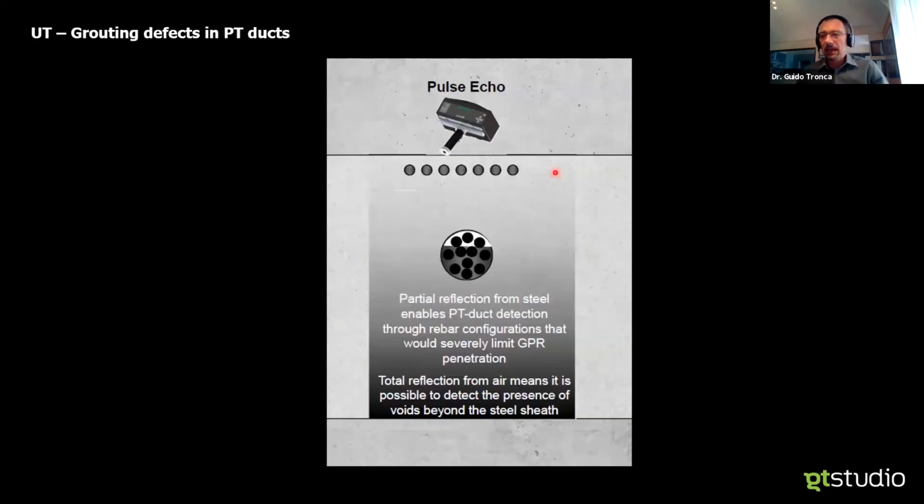And last, but probably among the most important applications of PROCEQ, the detection of grouting defects in PT ducts. We know that the number one reason for failure of PT ducts in existing structures is corrosion.